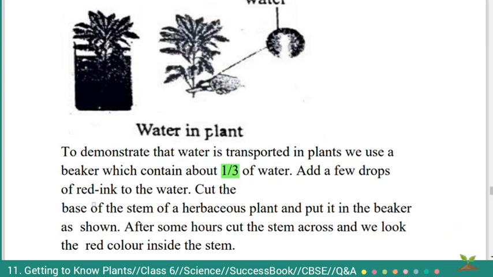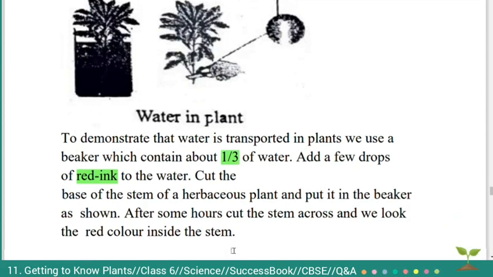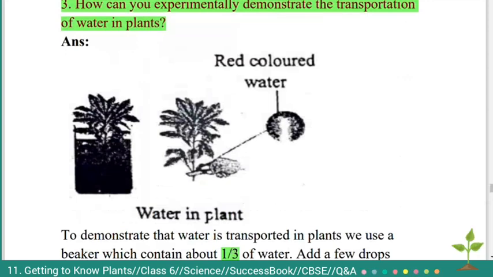Add a few drops of red ink to the water. Cut the base of the stem of a herbaceous plant and put it in the beaker as shown. After some hours, cut the stem across and we see the red color inside the stem. So this shows that there is a transportation of water in plants.